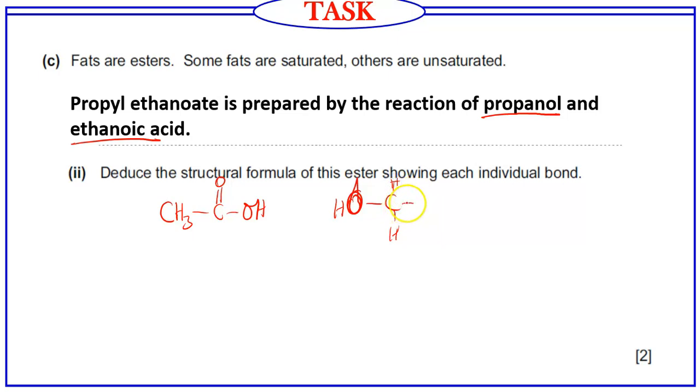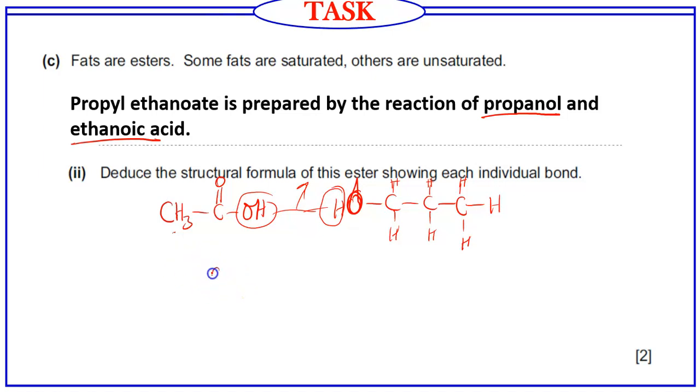You can expand, or you can squeeze it. But if you are writing an IGCSE or GCSE exam, please expand. For WAEC exams, we can squeeze up to this point. Remember, the H from here and the OH from here go, so they go, then this is left.